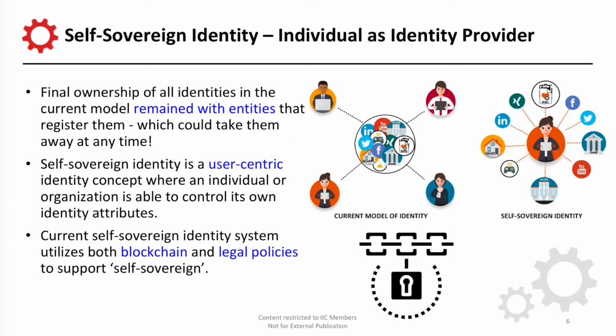In this new paradigm, an individual or organization can control their own identity. Currently, self-sovereign identity systems use blockchain technology as well as legal policies to create this self-sovereign property.